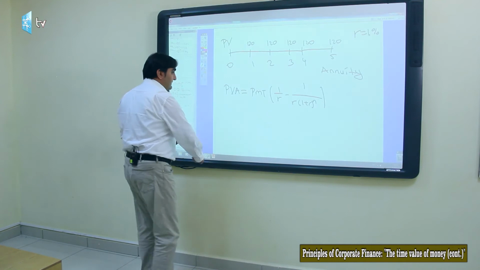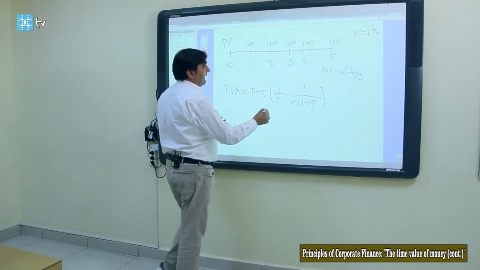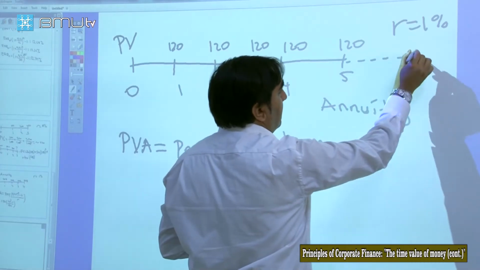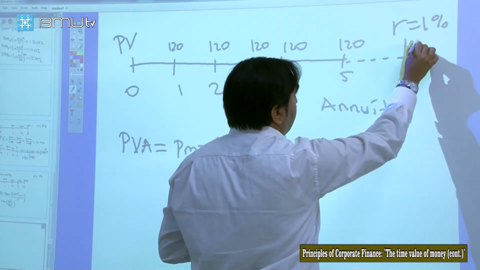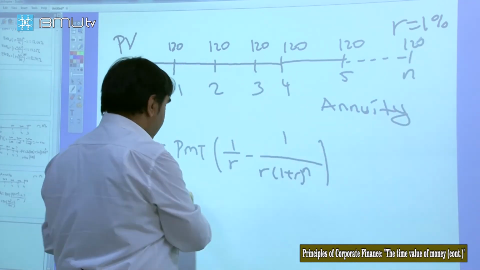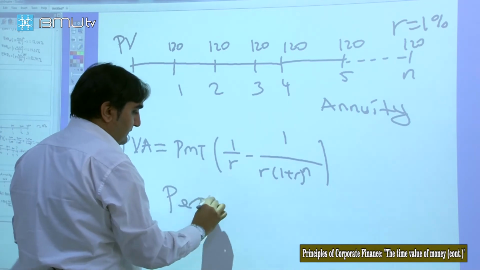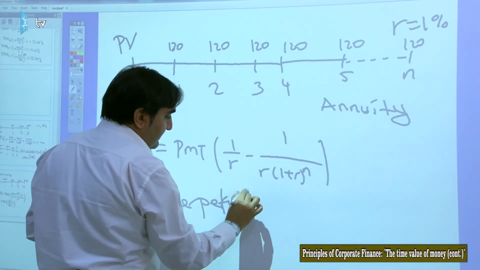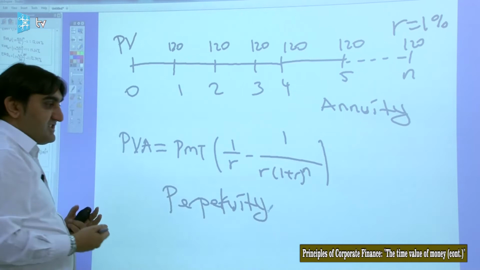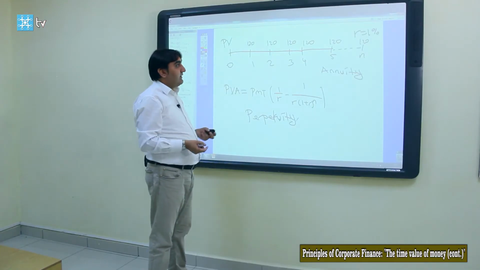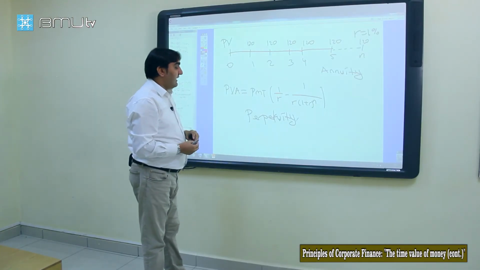If these payments go on forever, for example, this is called a perpetuity. A perpetuity is a cash stream that goes forever at a fixed cash flow.